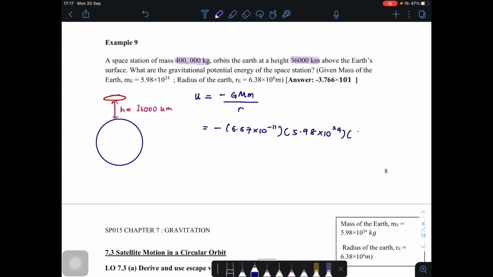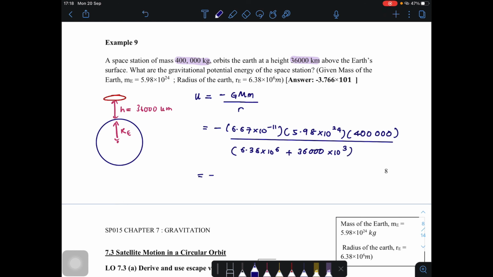Mass of the space station 400,000 kg, and then radius of the Earth tambah dengan height. Okay, because the value for R here must be from the space station to the center of the Earth. So this one tambah with this one, which is 6.38 × 10^6 tambah dengan 36000, and don't forget to convert to meter.